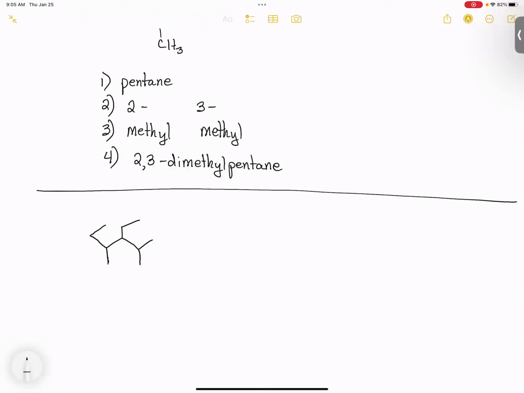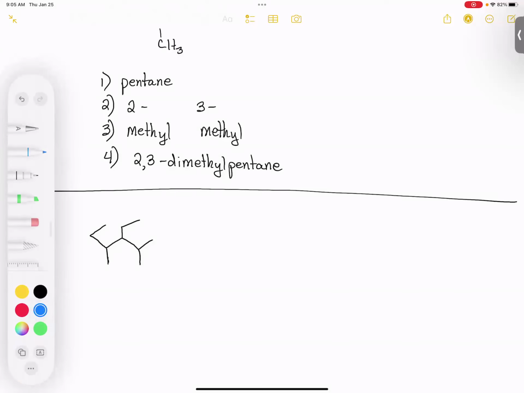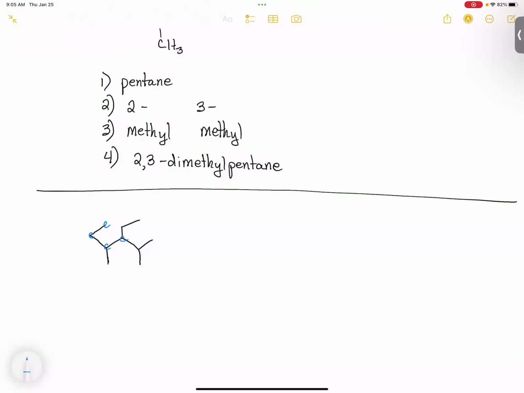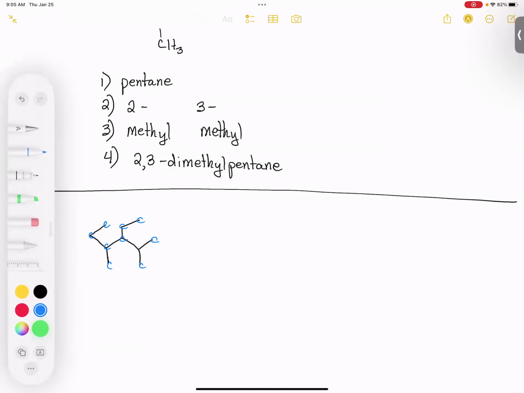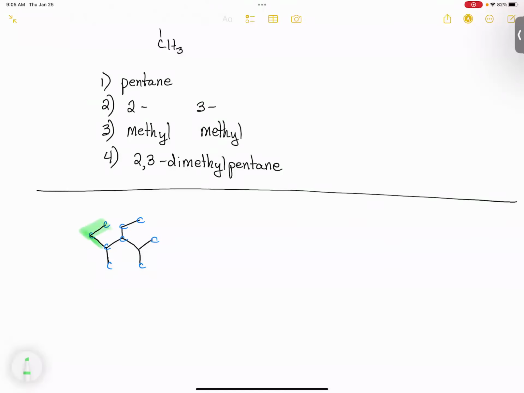Okay, let's see how it's going. So you're struggling with this type of structure. Again, what you can do is start by rewriting it. There's a carbon at every juncture and at every end along the way. So we have a CH3 group, and then the longest chain where I can keep going was 6.